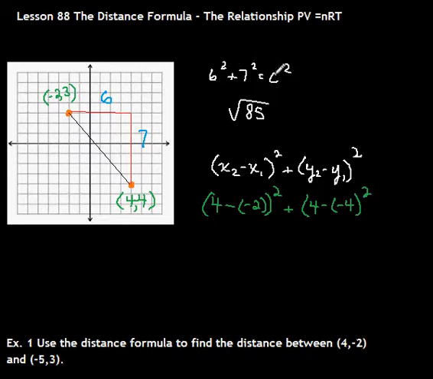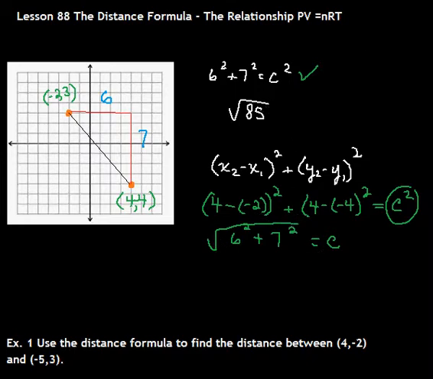We're going to get exactly what we got up here: 6 squared plus 7 squared equals c squared. And if we just want c, we would take the square root of both sides, and we would get the same thing that we got up here.